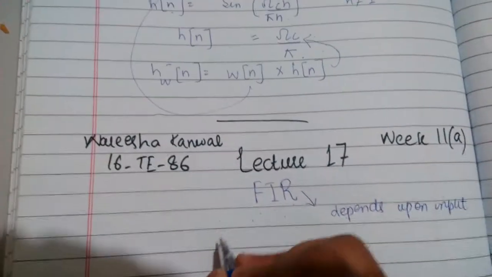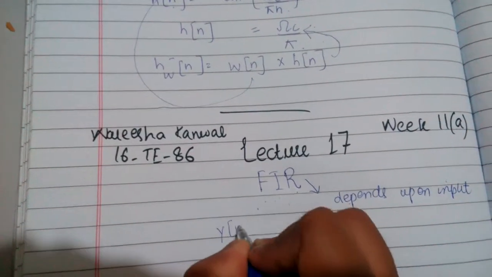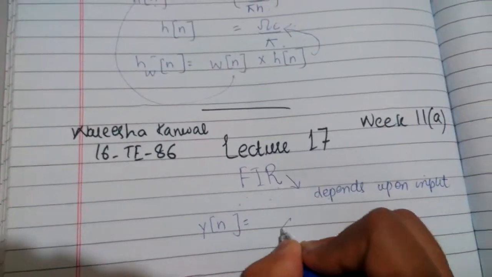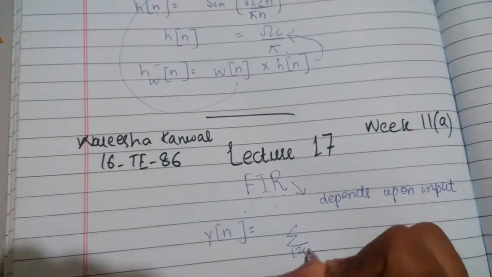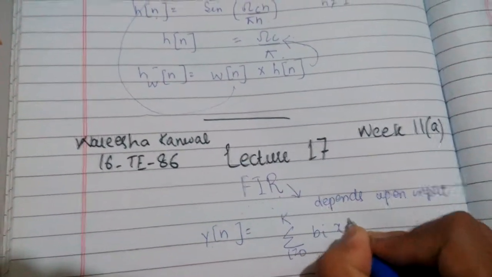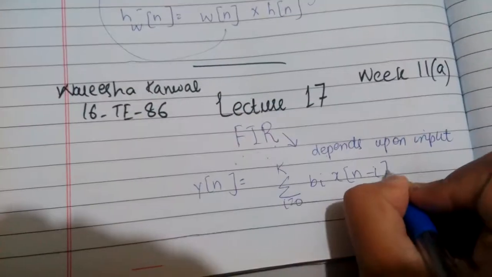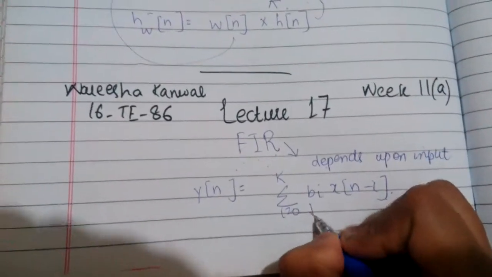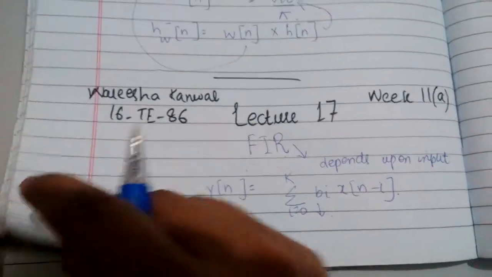So the formula for FIR is y of n is equal to the sum from i equal to 0 to k of bi of x of n minus i, where bi is the filter coefficient.